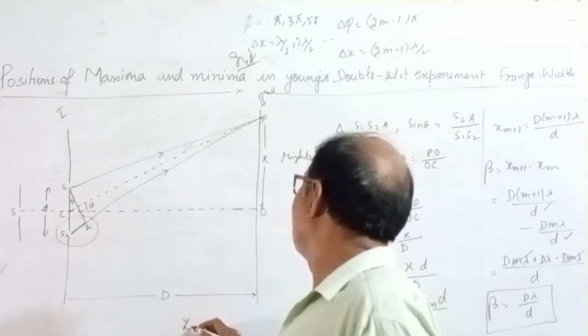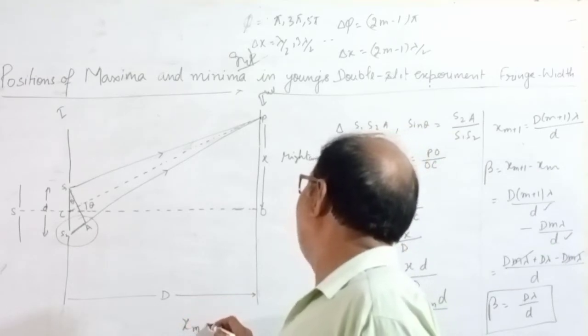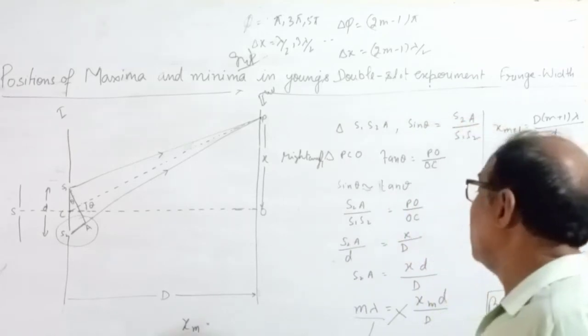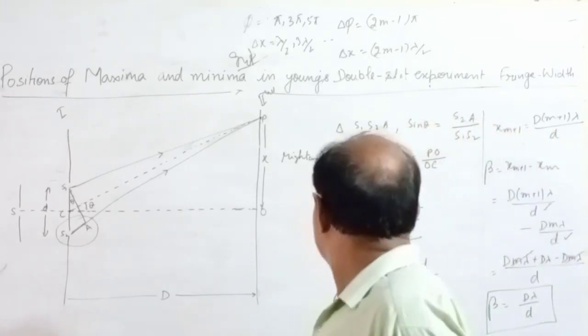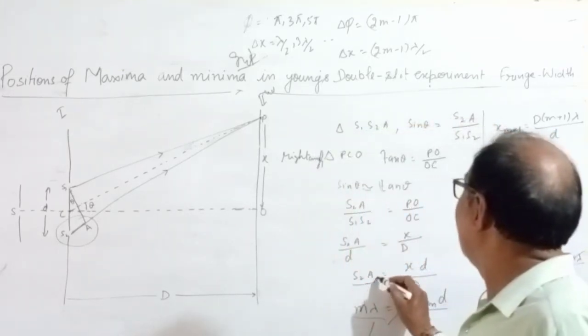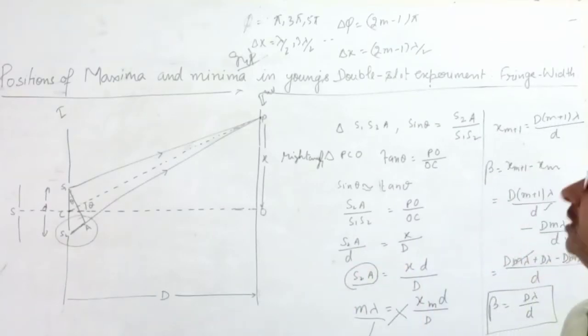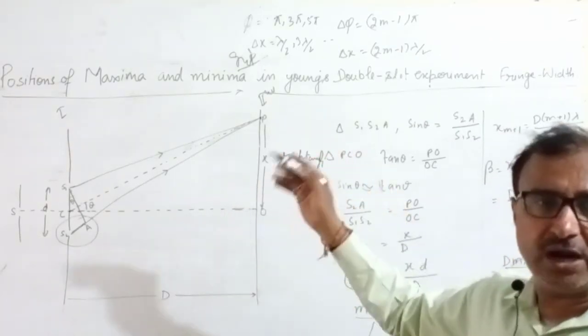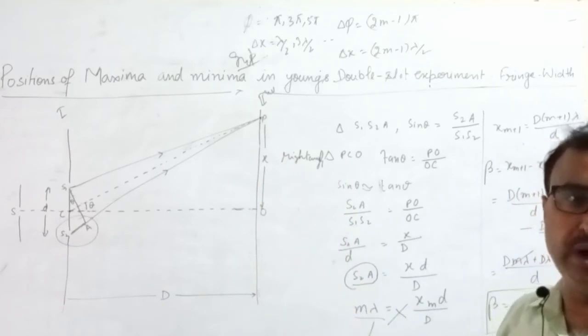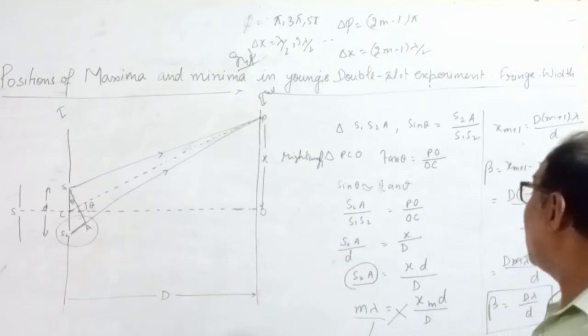Now what you can do? Again, in place of the path difference S2 P, we are assuming that at point P we are going to get dark fringes.